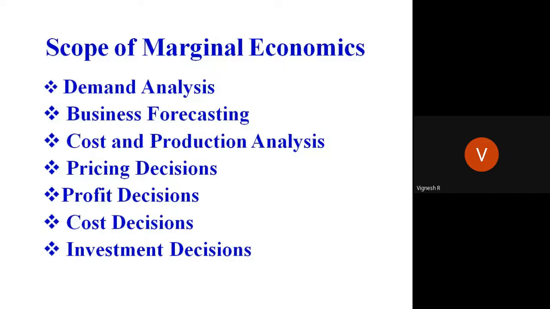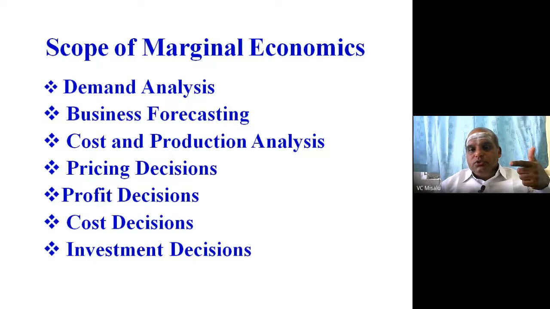As you know well, in costing you might have studied EOQ, economic order quantity. That is the point at which the cost of carrying and the cost of not carrying are equal. This is a managerial decision, and the economic principle is used. What is the carrying cost? What is the not carrying cost?